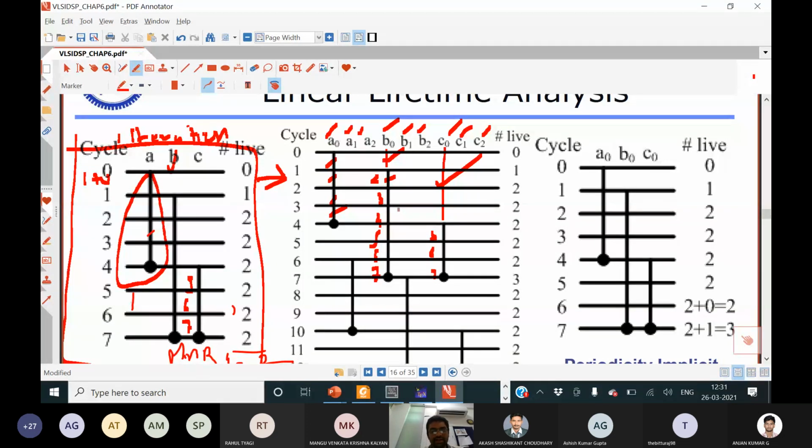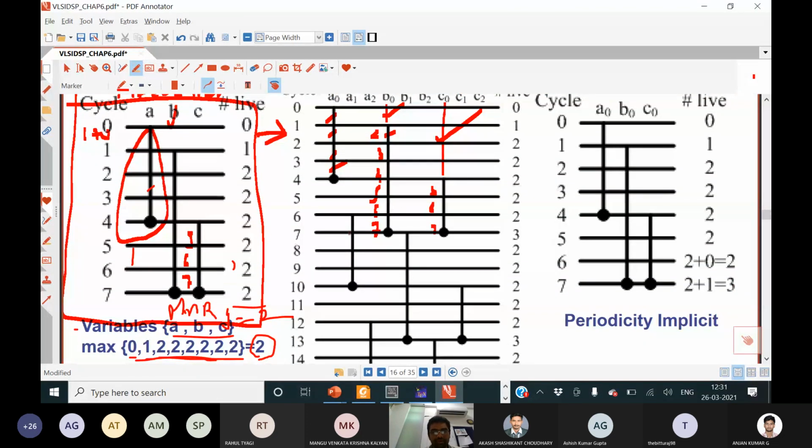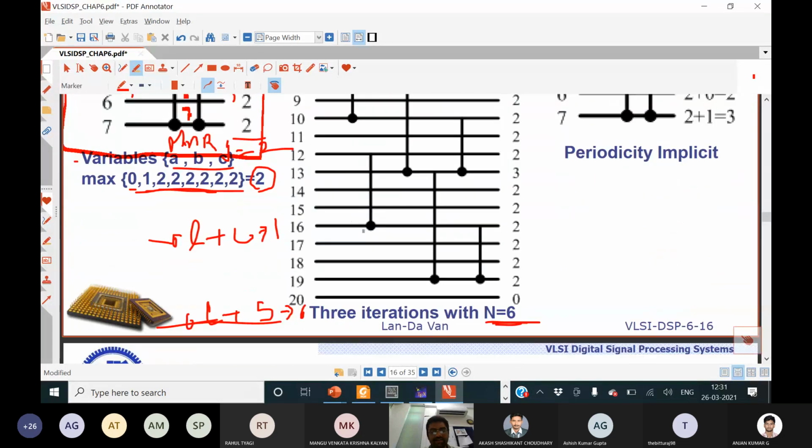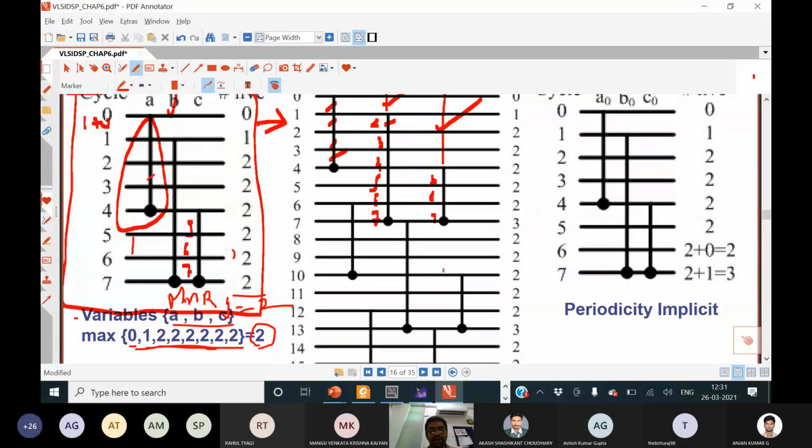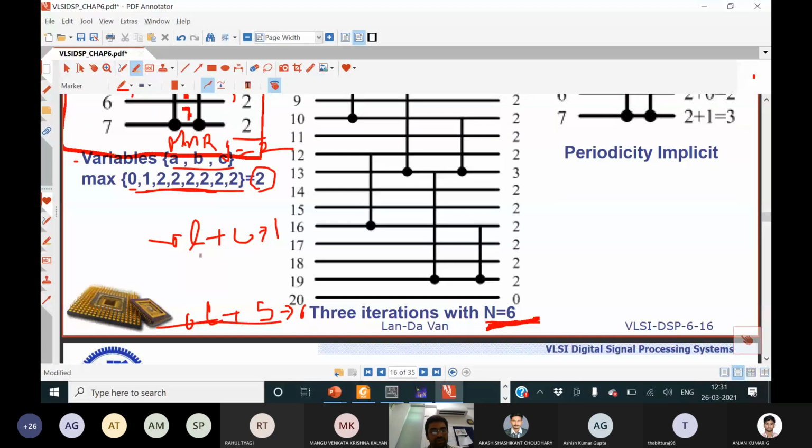Now for the second iteration, the folding factor is 6. That means this particular activity will go for 6 clock cycles, because it can have 6L plus 0 to 6L plus 5 instances.